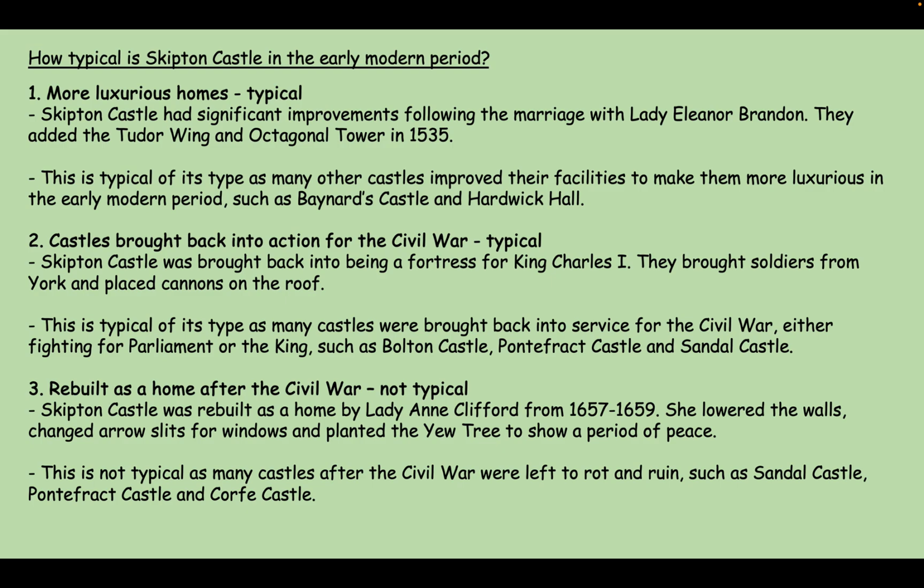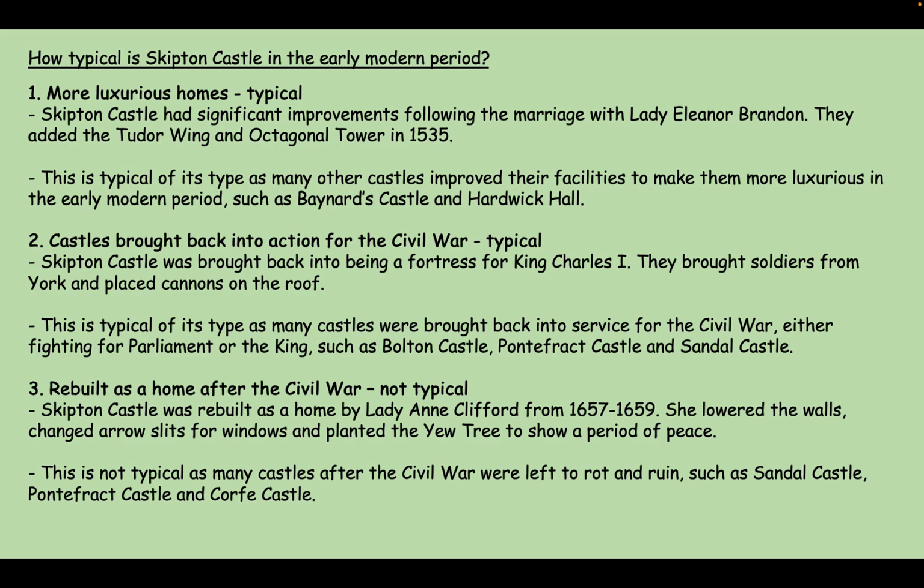It had lots of significant improvements following the marriage with Lady Eleanor Brandon. The adding of the Tudor wing and the octagonal tower is a really classic example of this. So again, in these answers, we're linking to other castles or country houses, and we're saying it is typical because many other castles improved their facilities to make them more luxurious in the early modern period, such as Baynard's Castle and Hardwick Hall.